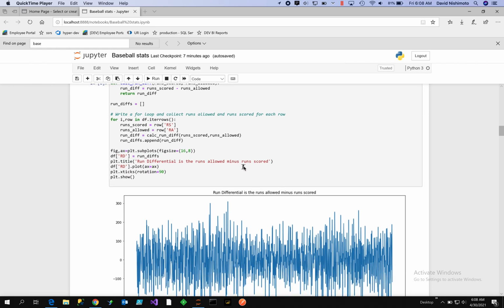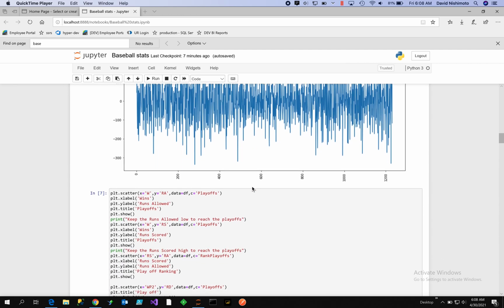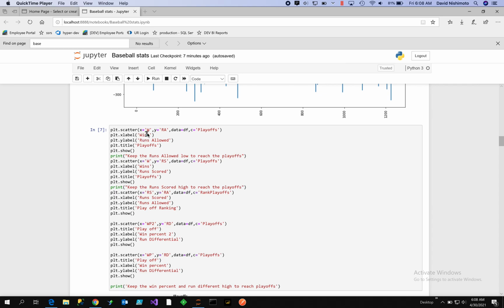If we just look at the run differential, you can see that in the playoffs, there are teams that are in the negative, and then there are some in the positive. So we'll see in a second when we start looking at this data what it means. Okay, so the first plot we will do is wins times the runs allowed, and the second one will be wins times runs scored.